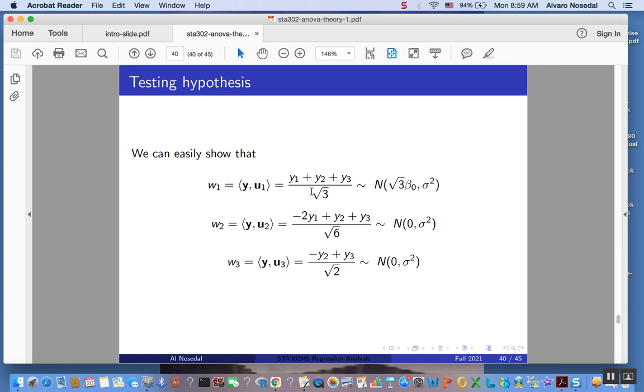Now, we are assuming that y1, y2, and y3 are normal, right?